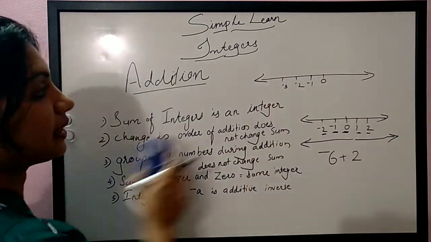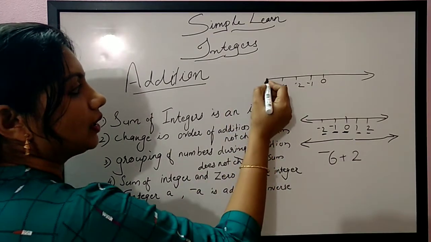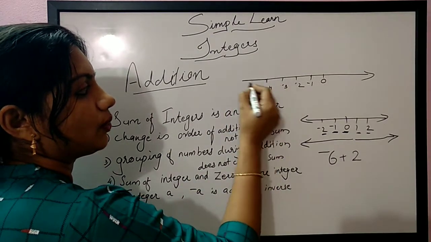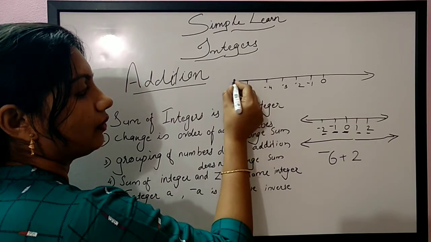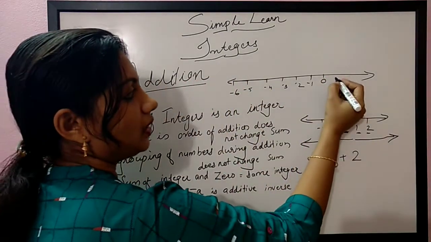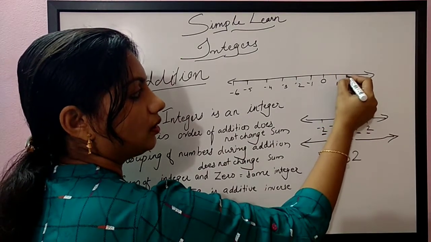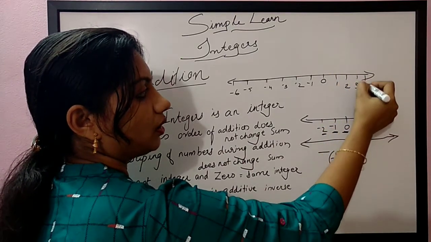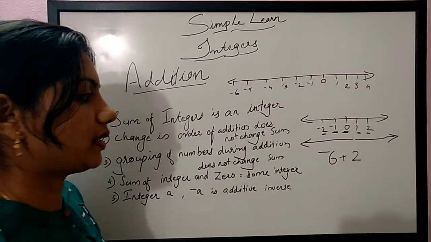I need to extend this line a little bit here. -4, -5 and -6. The numbers go to the left. Here it is 1, 2, 3, 4. Numbers go to the right.